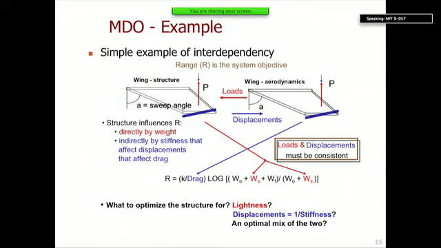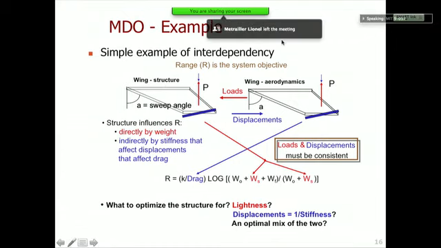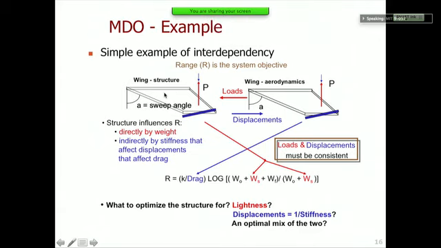So here's the example of designing a wing. In designing a wing, the two main considerations are structural and aerodynamic. So here's a simplified wing. It has a wing area, a sweep angle, an aspect ratio, and so forth.